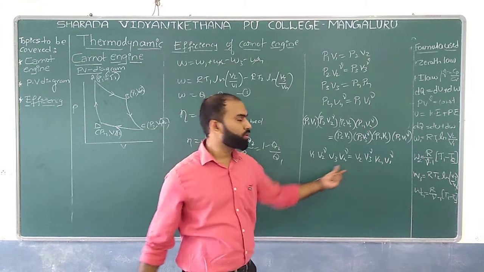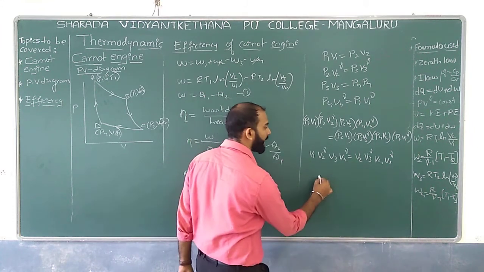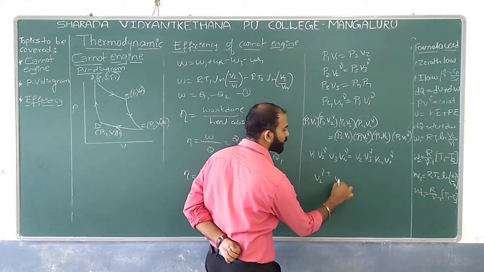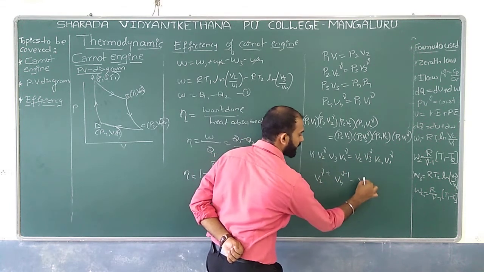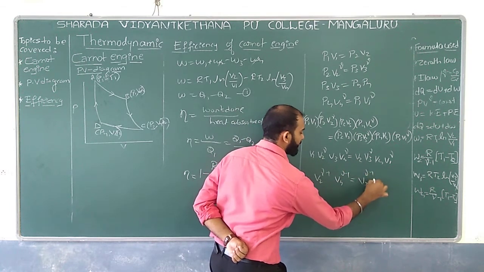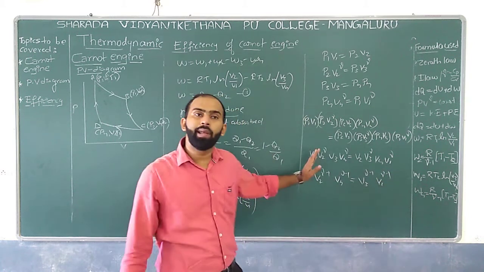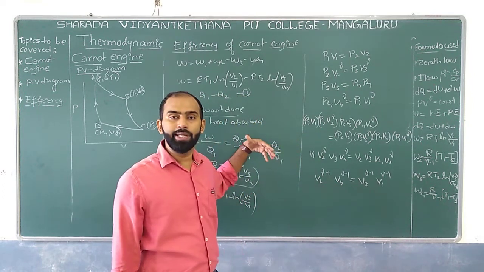Now when we bring terms to the other side, can I write this? It looks like V2 gamma minus 1, also V4 gamma minus 1. When you bring to the other side, it is V3 gamma minus 1 and V1 gamma minus 1. Now gamma minus 1 is common in the power, so it will get cancelled out.